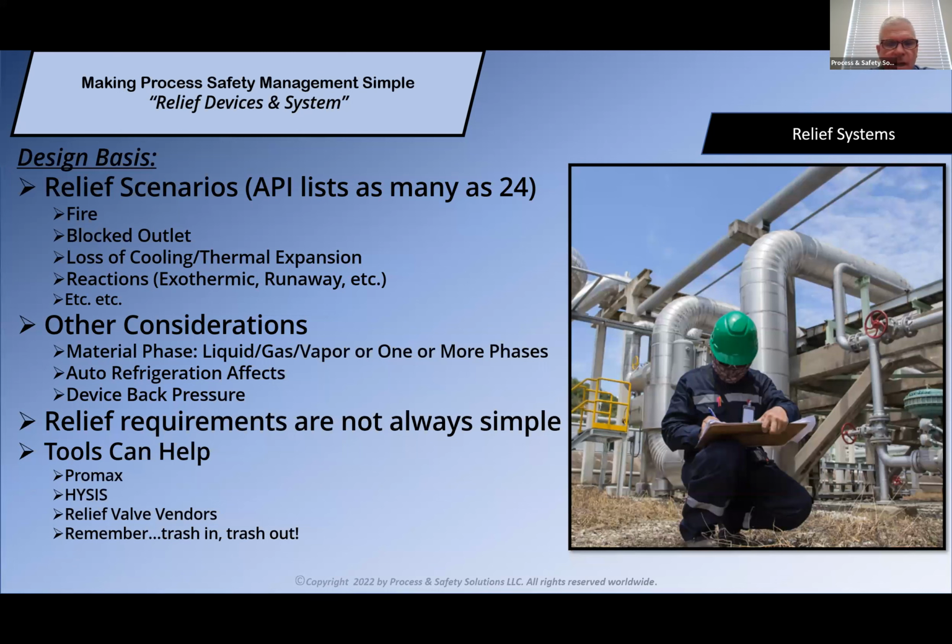Relief requirements, as we said, are not always simple. There are a lot of tools that can help us in designing and coming up with the relief scenario. There are tools like ProMax out there that you can use to help you model the various relief scenarios. There's HYSYS out there that can be used. Even some relief valve vendors can help you with the sizing process once you've provided them the information on what your requirements are.